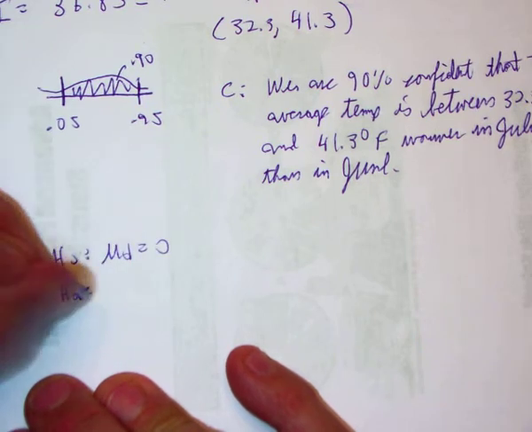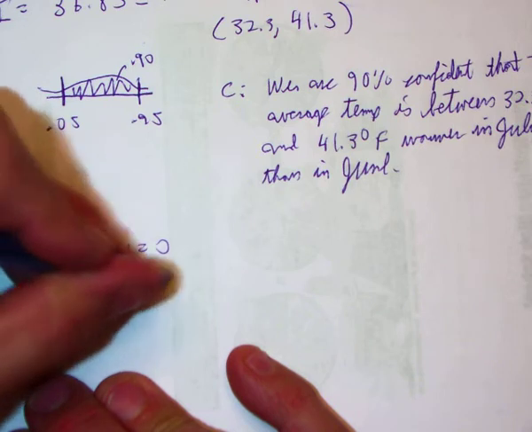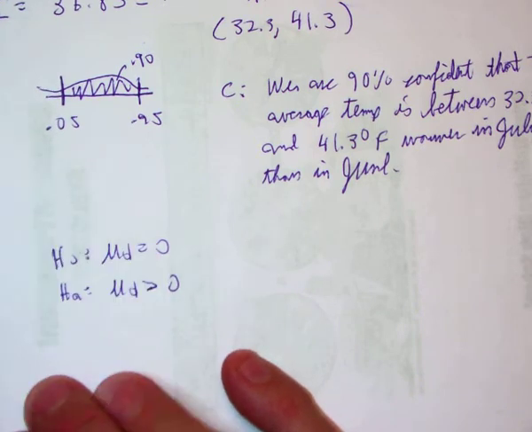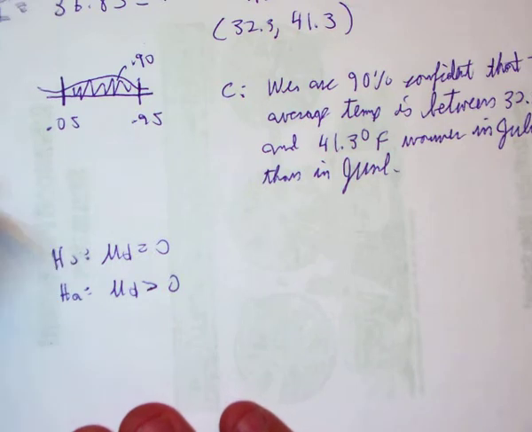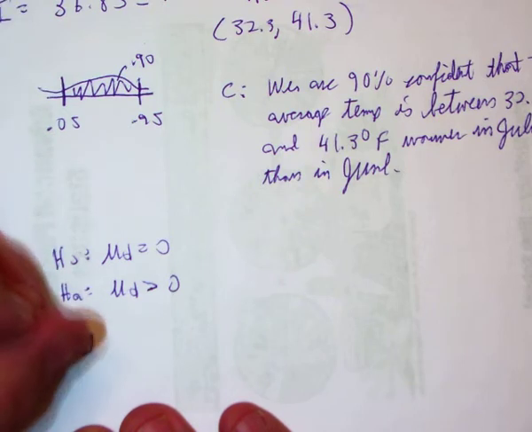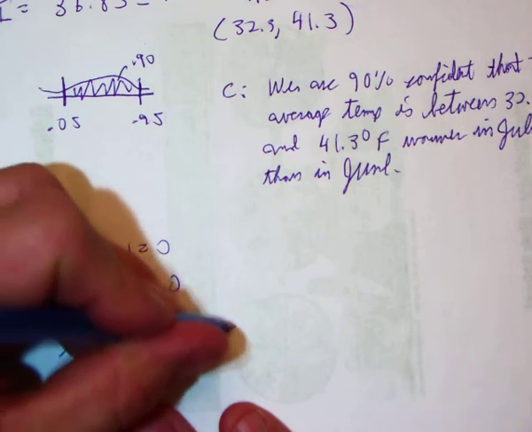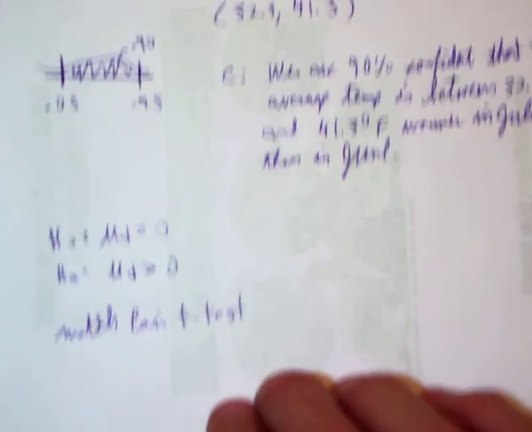My alternative would be, I'm assuming the summer is going to be higher. Okay. We already did the P, V, H, D, A steps. The name of this would be a matched pairs t-test. And then we already did the statistics.